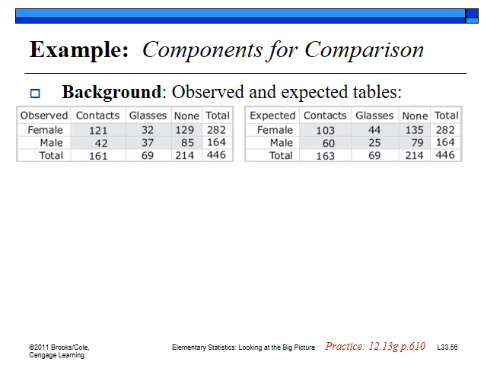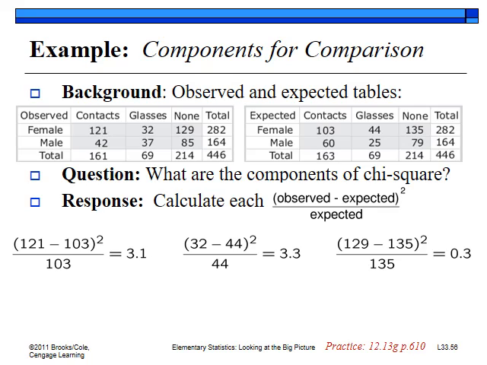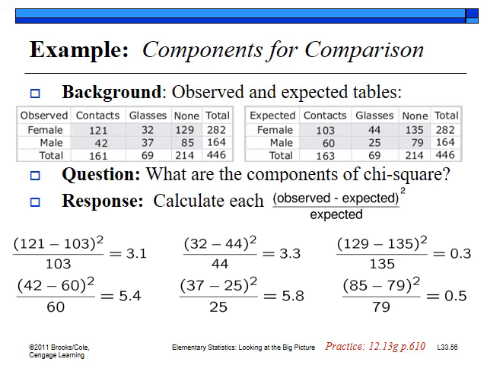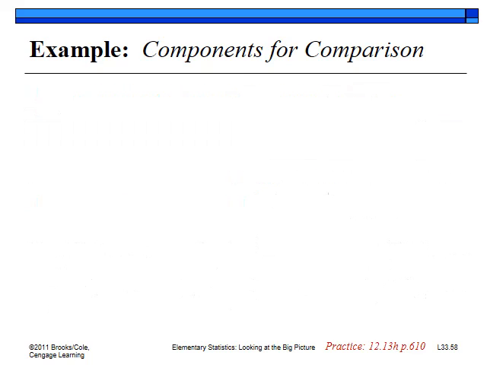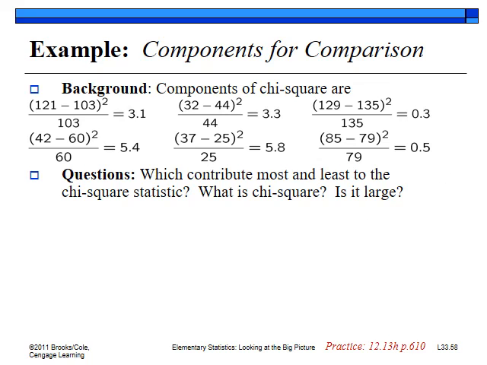So let's construct the components for the chi-square. Remember, you take the observed minus expected, square that result, and divide by the expected value. We'll do that for each of the 6 cells. Once we have that, we'll add them all up to compute the chi-square statistic.